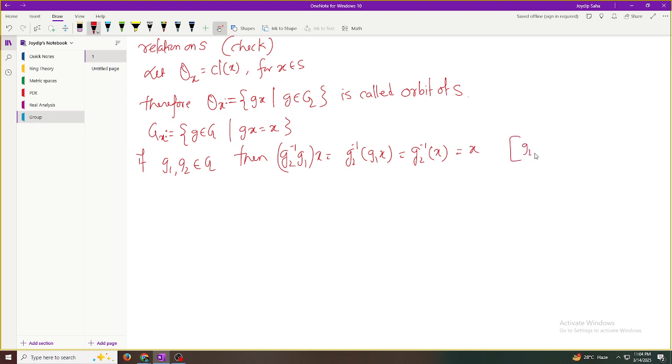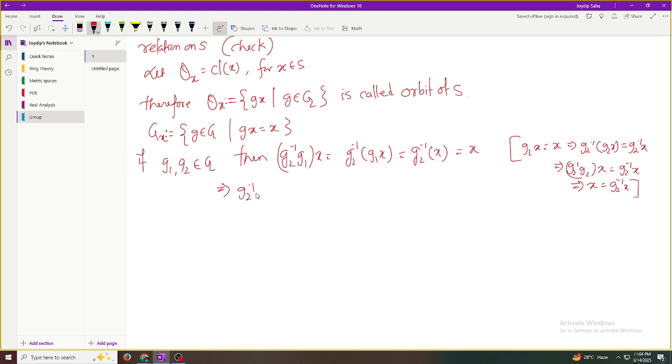As g2x equals to x, this implies g2 inverse g2 x equals to g2 inverse x, which implies x equals to g2 inverse x.